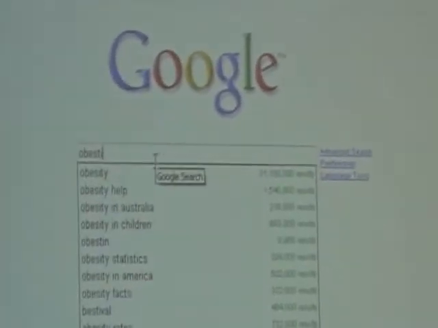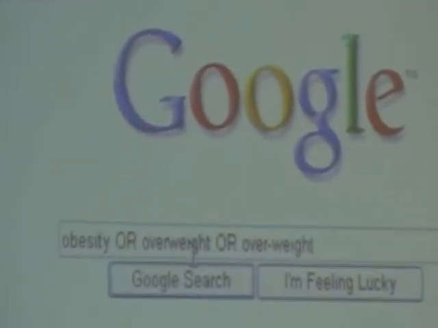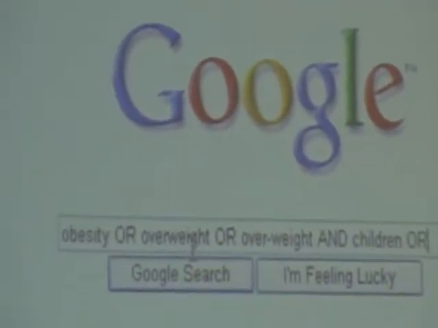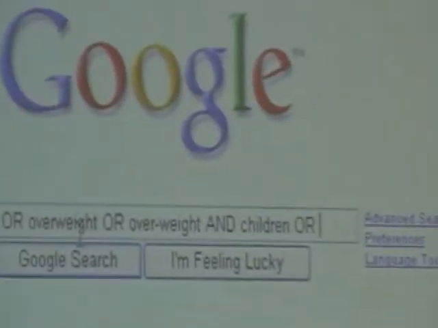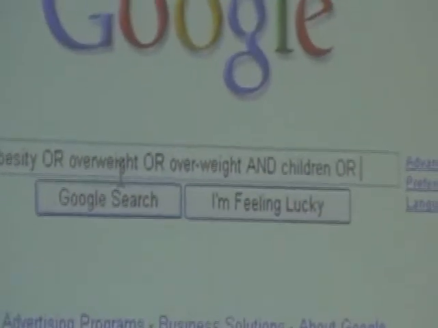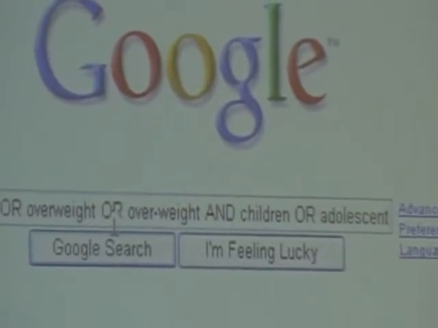So I can type in obesity or overweight without a hyphen and without a space, or over-hyphen-weight, and children, or what's another word for children that somebody might use? Adolescents. Adolescents with a T or a C-E.